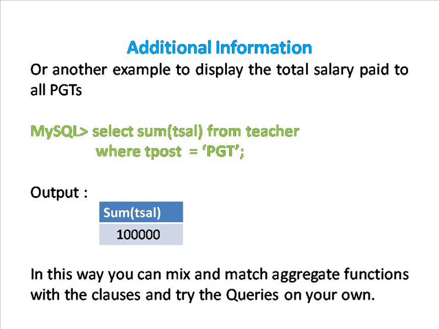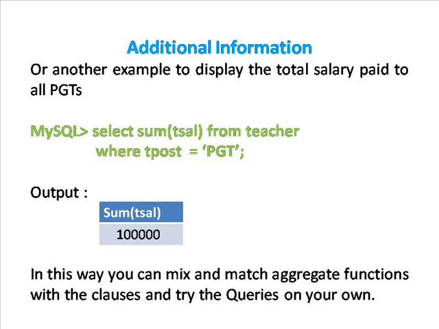Let us take another example to display the total salary paid to all PGTs. The query will be select sum in brackets TSAL from teacher where TPost is equal to PGT. The question said total salary paid to all PGTs. Now how will you know that you're supposed to use sum?